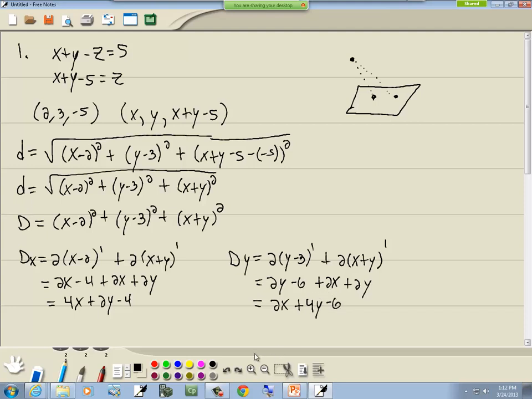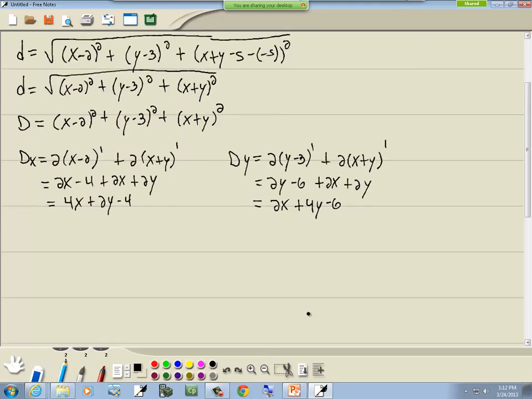Now we want to solve these two equations simultaneously, set them equal to 0. So we're going to have 4x plus 2y minus 4 equal to 0, and we'll have 2x plus 4y minus 6 equal to 0. Now I can take the negative 4 over to the right side.